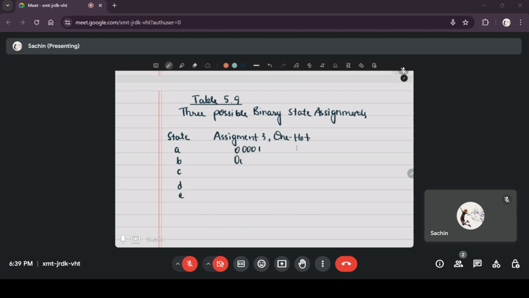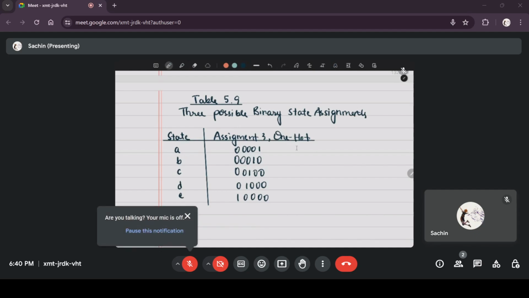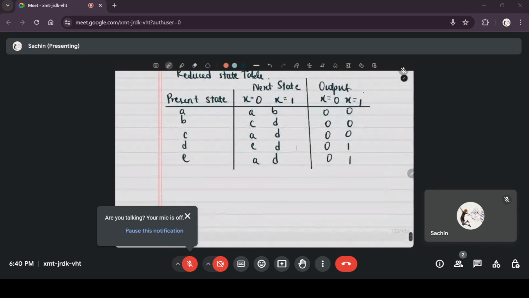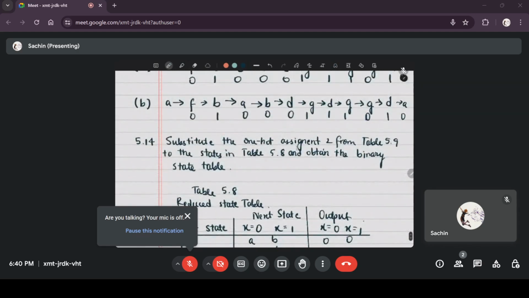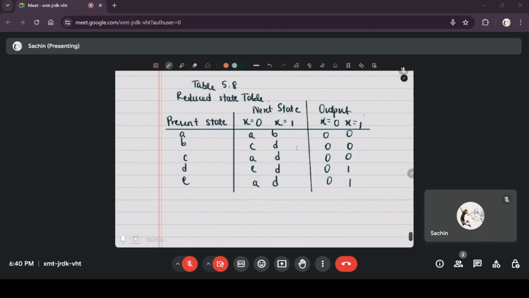It's called one hot because only one of the bits in the binary number is high in each state. So if we substitute the states in table 5.9, we get the binary state table.